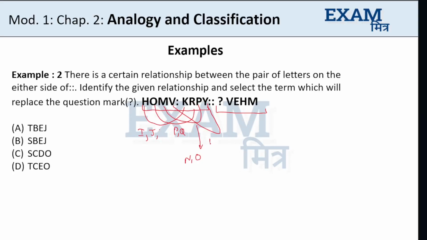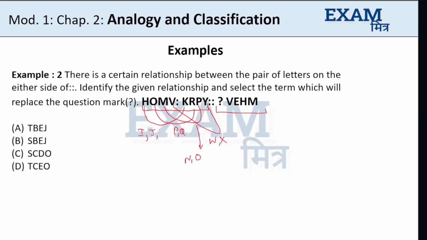Yeah, we know V, then comes W, then comes X, and then comes Y. So that means in the first pair, how are the letters related? The second element of the pair is a letter that is found after skipping two letters from the first element of the pair.